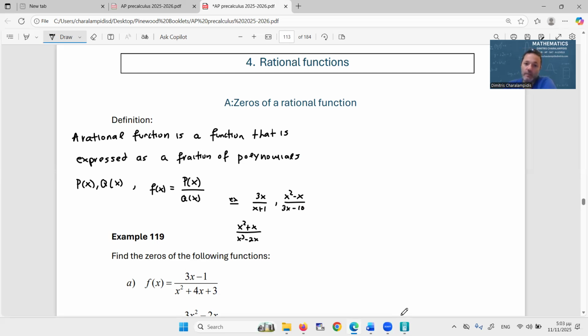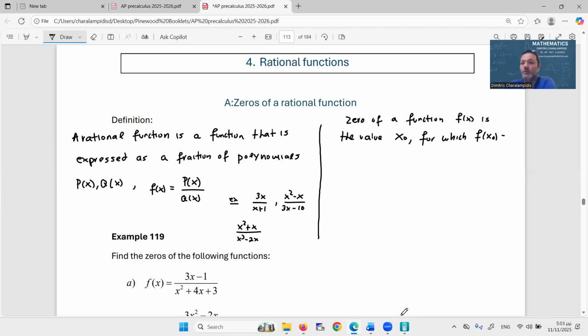Now, let's talk about the zero of a rational function. In general, if you remember from previous videos, the zero of a function f(x) is the value x0 for which f(x0) is equal to 0.